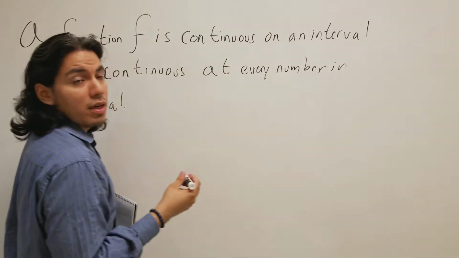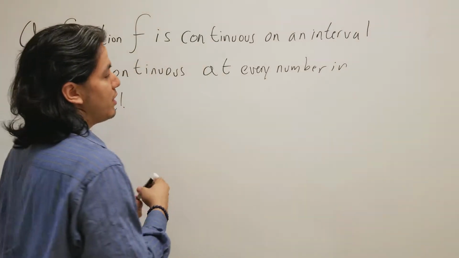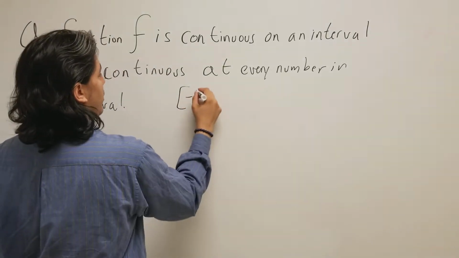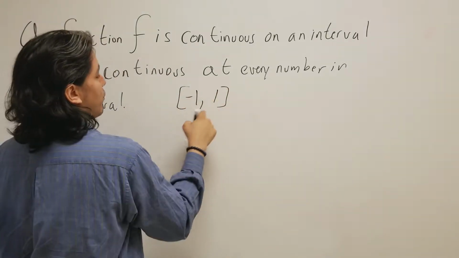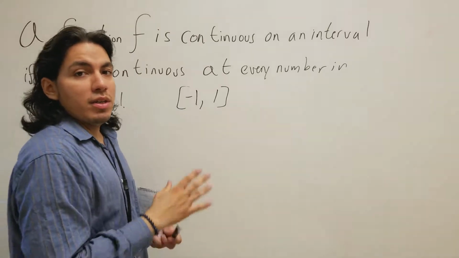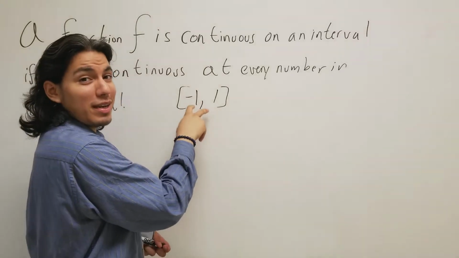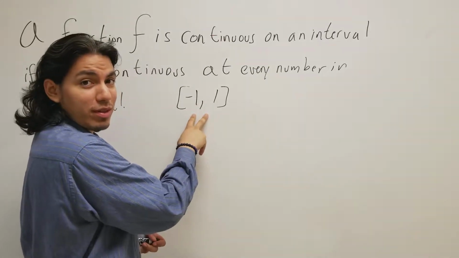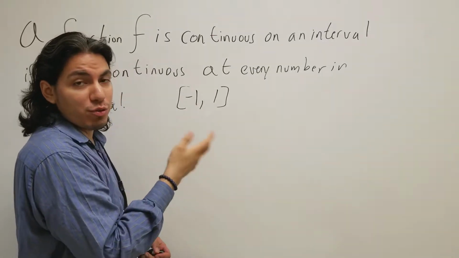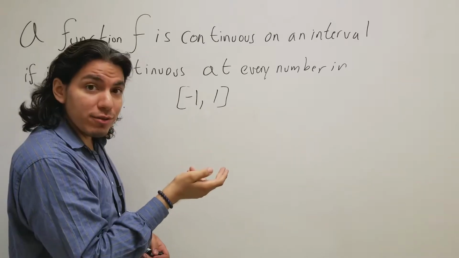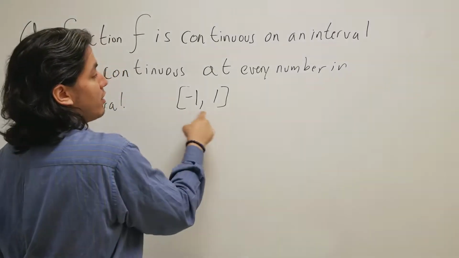So what does that mean? When you really think about it, let's say I have -1 and 1 as an interval example. There are infinitely many numbers between -1 and 1: 0.3, 0.4, 0.5, negatives of those same numbers. So there are so many points.